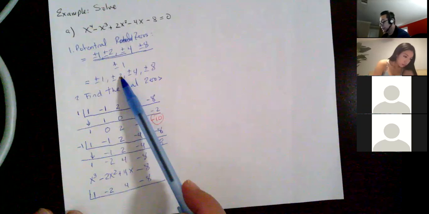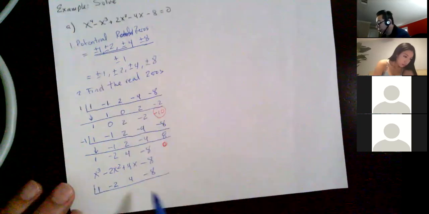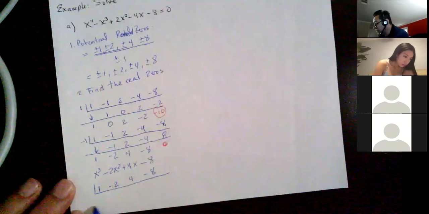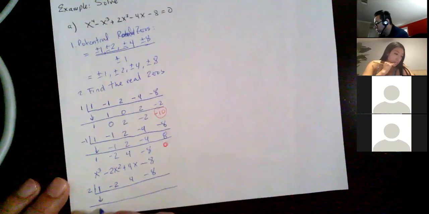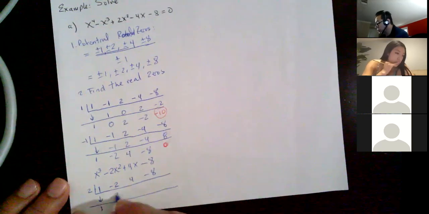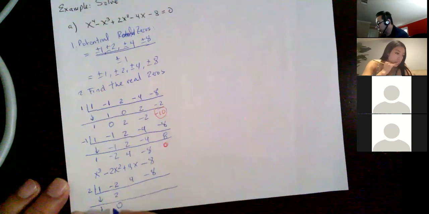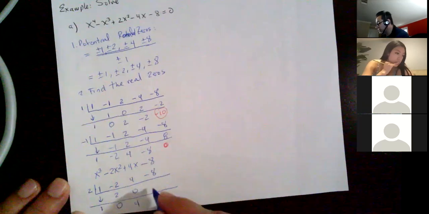So I'm going to continue with positive 2. Let's see if positive 2 is one of them. Bring down the 1. 2 times 1 is 2. Negative 2 plus 2 is 0. 2 times 0 is 0. Bring down the 4. 2 times 4 is 8. Negative 8 plus 8 is 0.